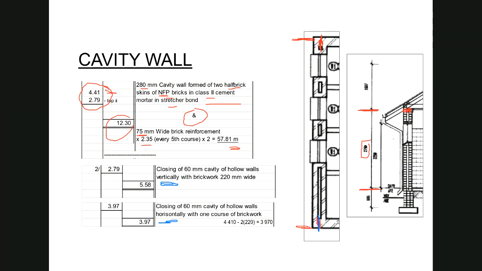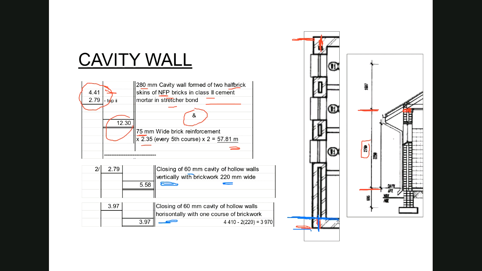So I state closing 60 millimeter cavity of the hollow wall vertically with 220 millimeters wide. So the 220 millimeter wide is literally from there to there. You can see that the closing has been lined up with the line of the one brick wall adjacent to it over there.